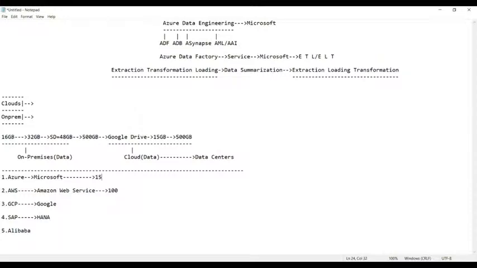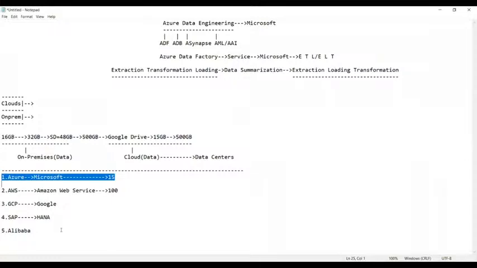So Azure is a very economical service, providing a much cheaper service compared with Amazon. Hence the market leader and number one product in cloud technology is Azure, which is from Microsoft. Getting my point?